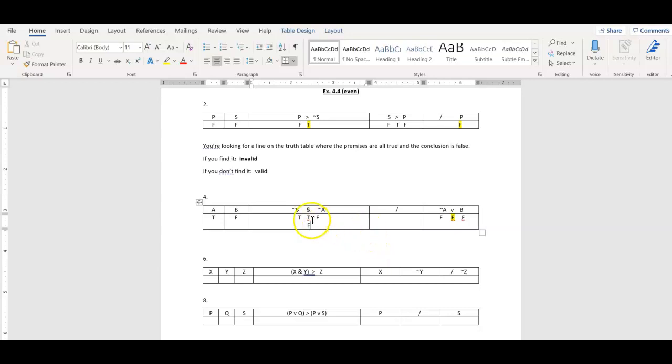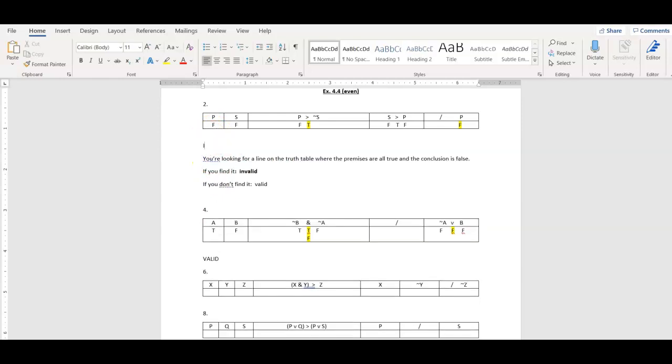So we need the premise to be true to prove invalidity, but the only way to make the conclusion false makes the premise also false. So what that tells you is there's no possible way to make the premise come out true and the conclusion come out false, and that tells you it is a valid argument.